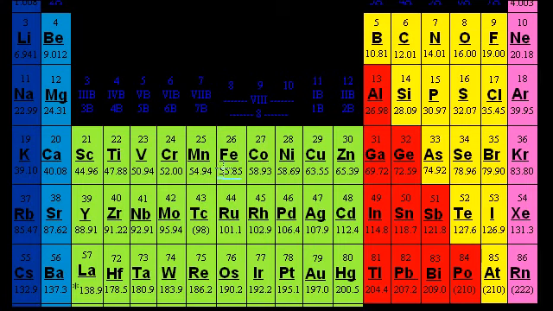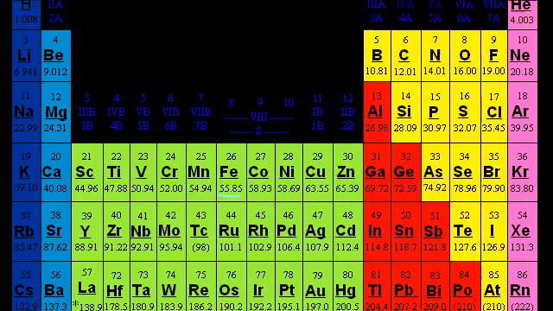I think it's fair enough to round to 56. Let's say we're dealing with the isotope of iron that has 30 neutrons, so it has a mass number of 56. So iron has a mass number of 56, and oxygen we already know is 16. So iron was 56.